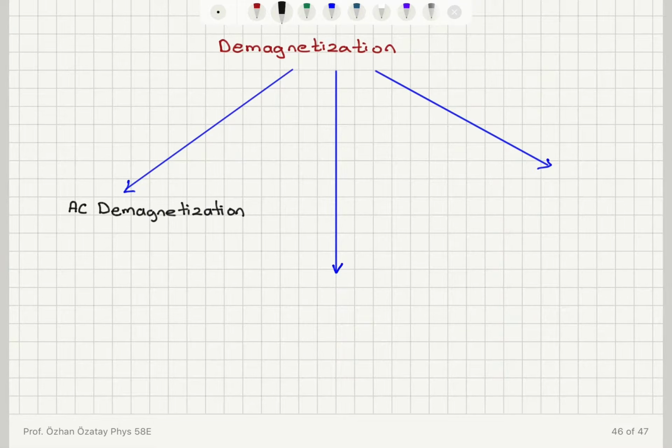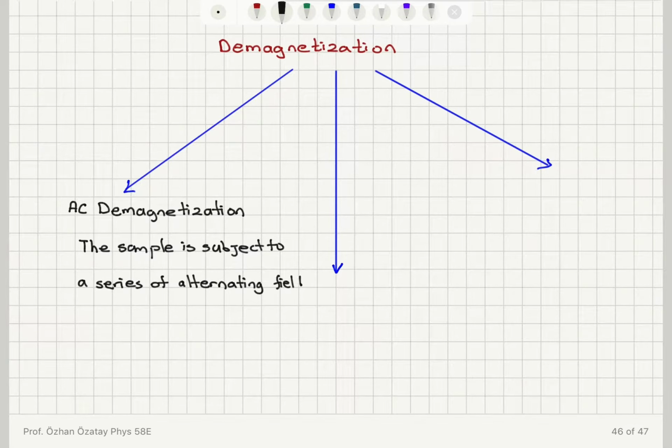So basically the technique is the sample, or the specimen, is subject to a series of alternating fields of slowly decreasing amplitude.